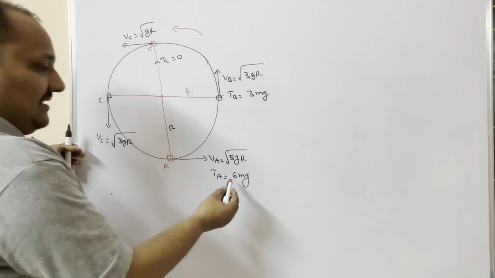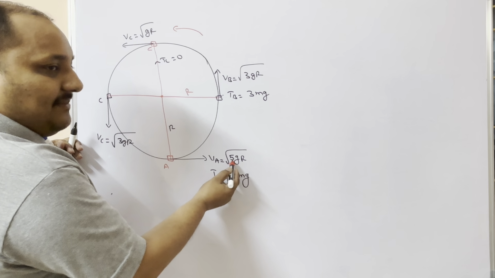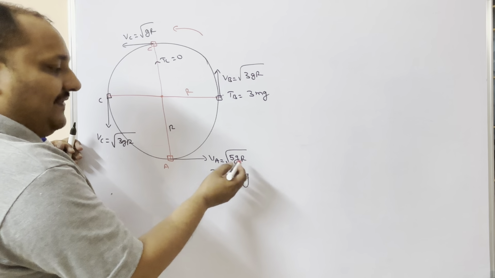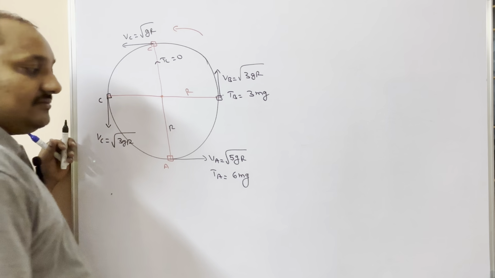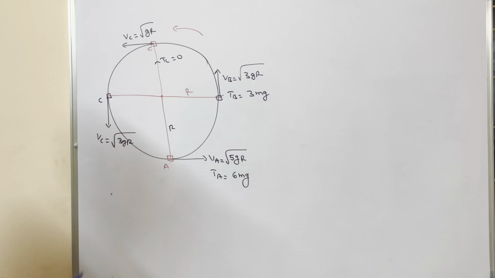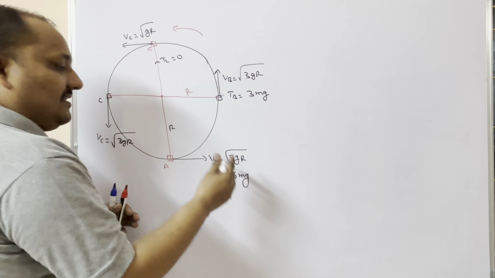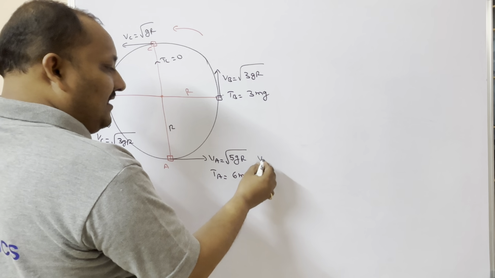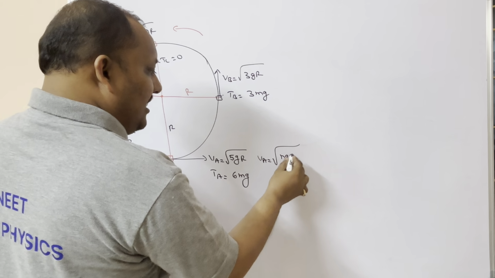Now, in the previous class we discussed that if it is n mg, it is going to be n minus 1 mg. If it is ngr, then it is n plus 1 mg. So like this they are going to give. Now velocity at A is going to be root ngr.